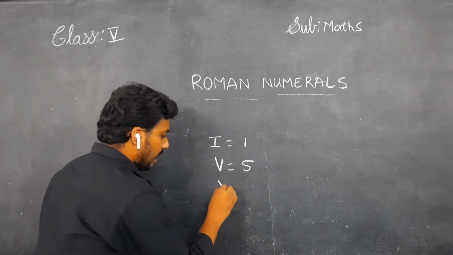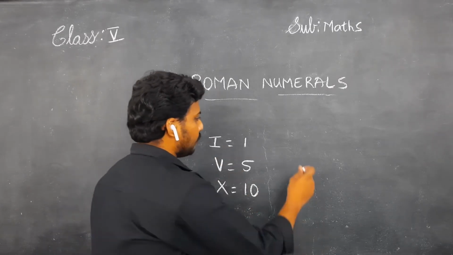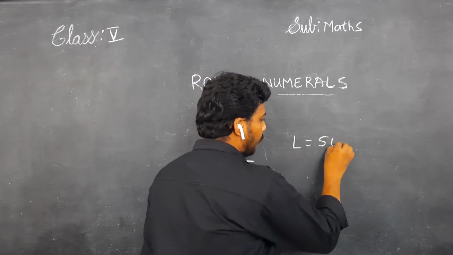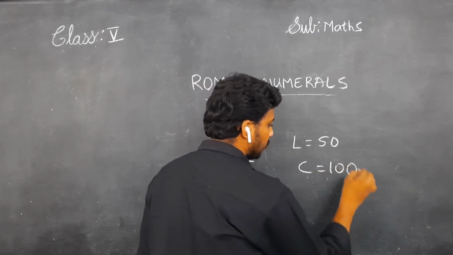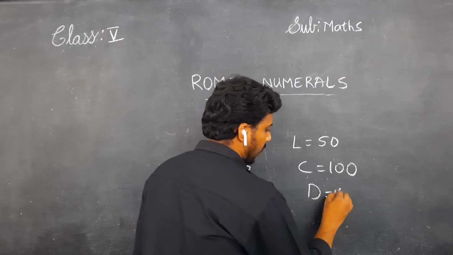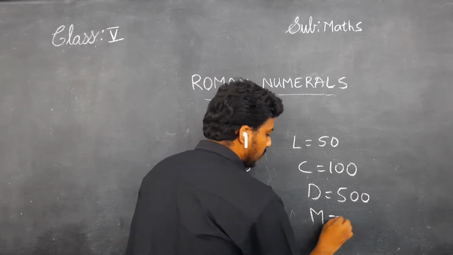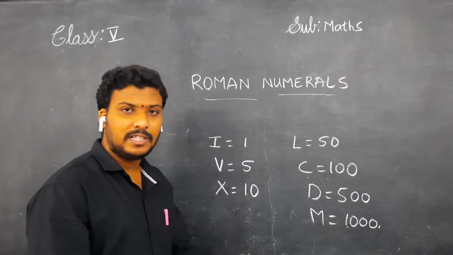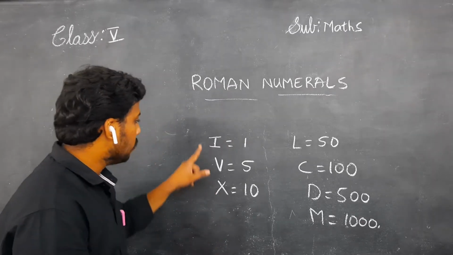Next, X means 10. L means 50, children. C is 100. Next, D is 500. Next, M is 1000.